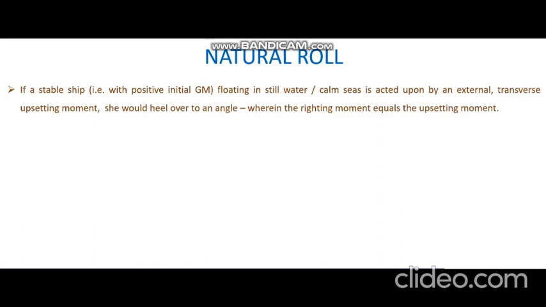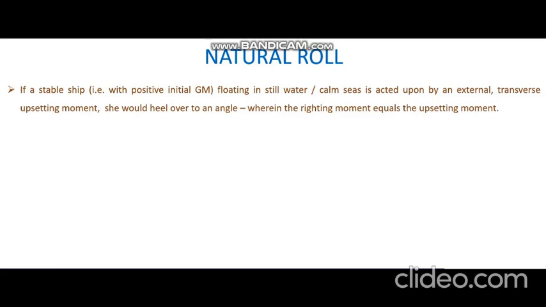Now, whether this period of roll is less or more, going to be, if you have two sister ships, say floating at the same draft, they have different KGs. That means GM is different. If both are inclined by the same upsetting moment to 10 degrees to starboard and then withdrawn, both ships will roll.